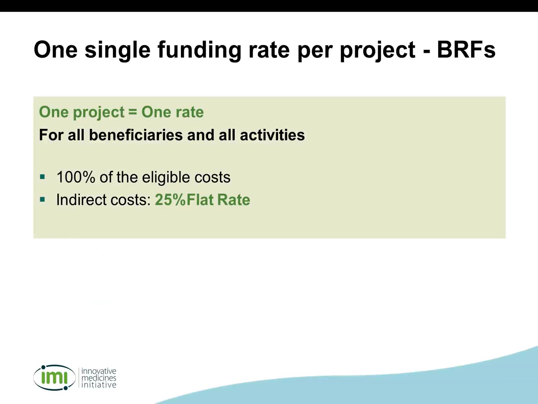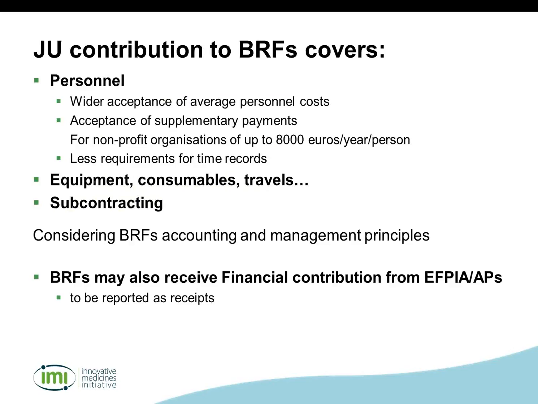For beneficiaries receiving funding, we are fully aligned to H2020, and here we have one single reimbursement rate for all beneficiaries and all activities. So this is not anymore like in FP7, where according to the type of entity and according to the type of activity, you have a different reimbursement rate. In this case, under this call, the reimbursement rate is 100% of the eligible costs plus the 25% flat rate for indirect costs.